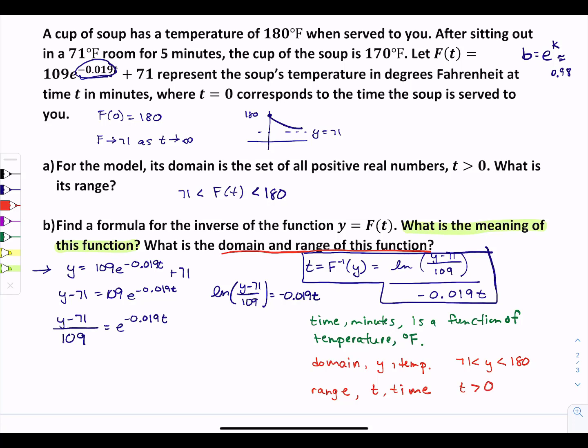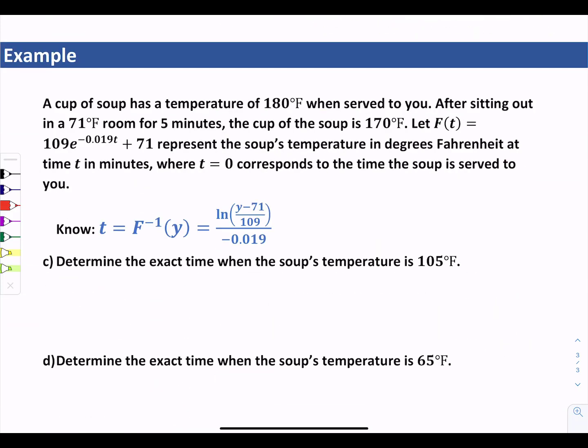All right, so let's actually use this inverse function to answer a couple of questions. So again, we just have our initial situation. We know that t equals f inverse of y equals this quantity here. And we want to determine the exact time when the soup's temperature is 105 degrees Fahrenheit. So there's two options here.